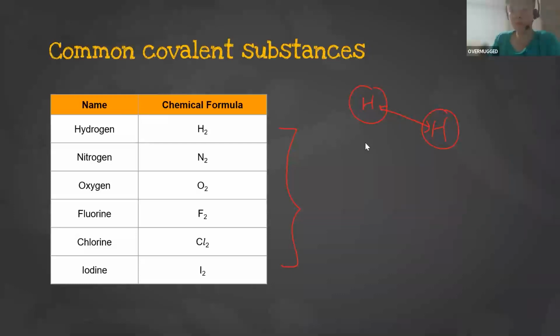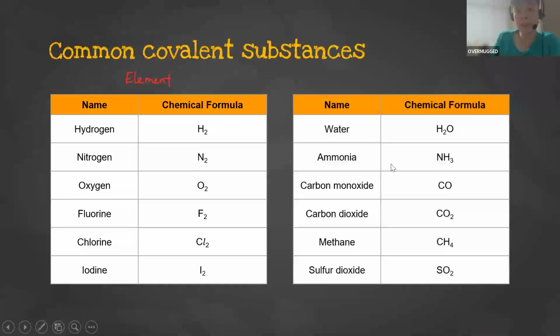Over here on the left, these are your elements. You can only see one type of atom. Over here on the right, these are your covalent compounds. You can see more than 2 capital letters. That you will often see in your journey of combined chem.